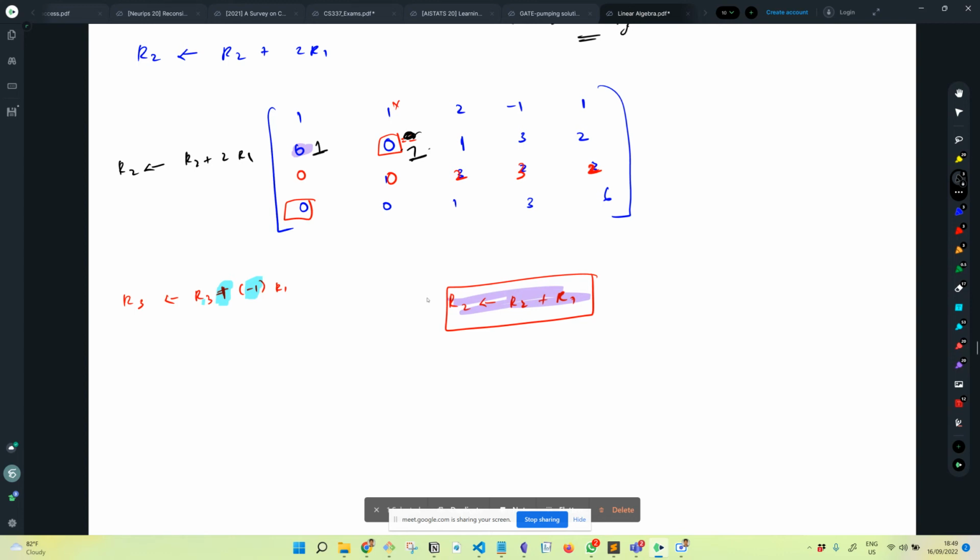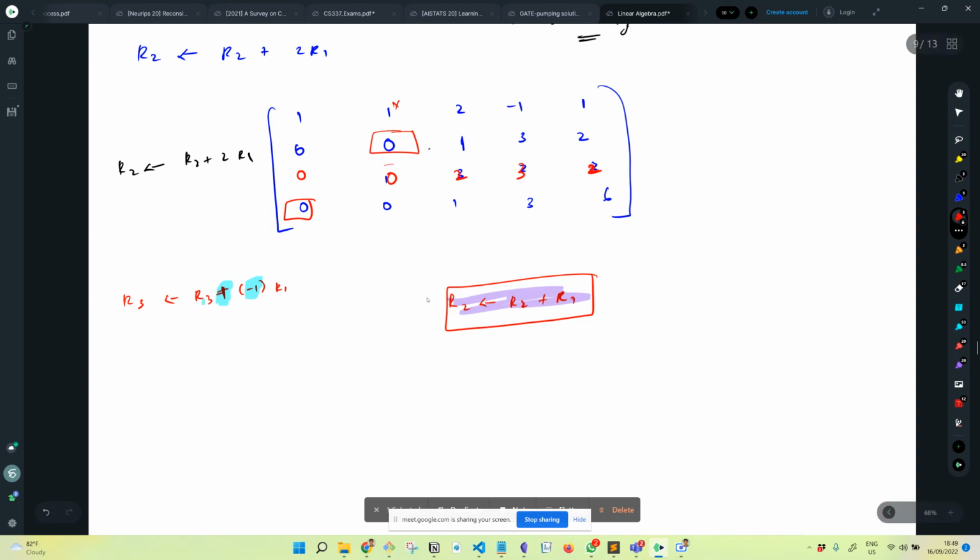That is why when you encounter an entry that you cannot make 1, you'll just leave it as it is. This entry cannot be made 1, so you leave it as 0, and you will go to the next entry.